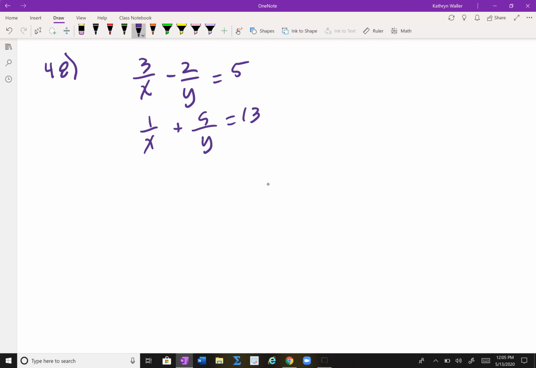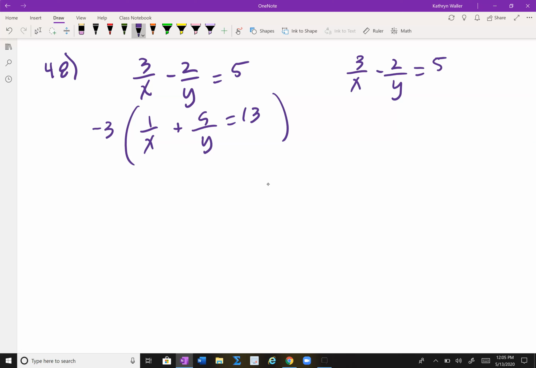Okay, you didn't have to do 47, so here's 48. I am going to solve this using elimination, and what I'm going to do is multiply this by a -3, because then I'll have a -3 over x and a +3 over x. So write down your top equation.